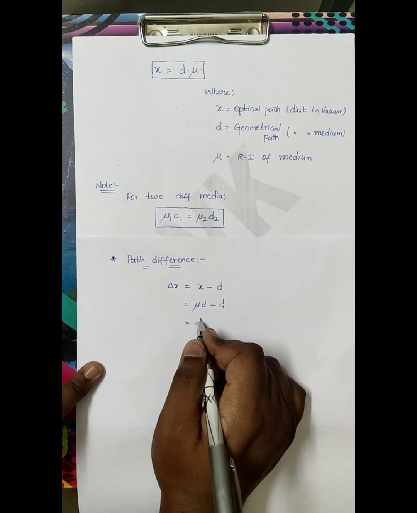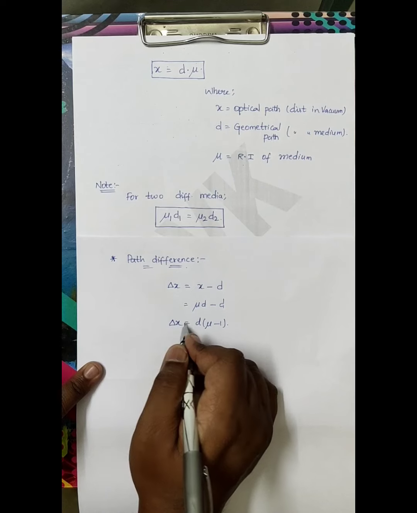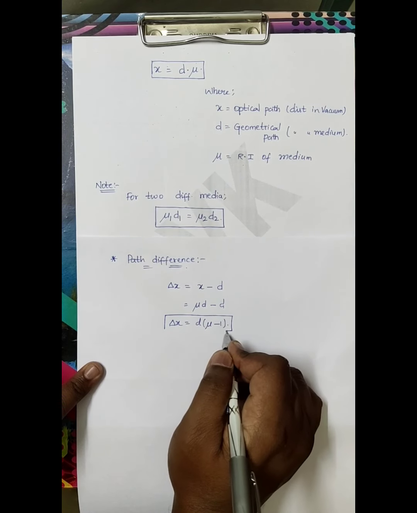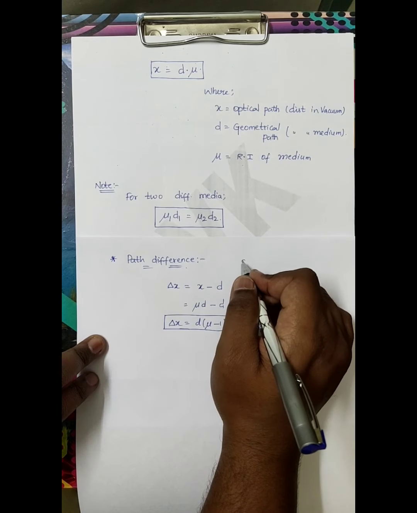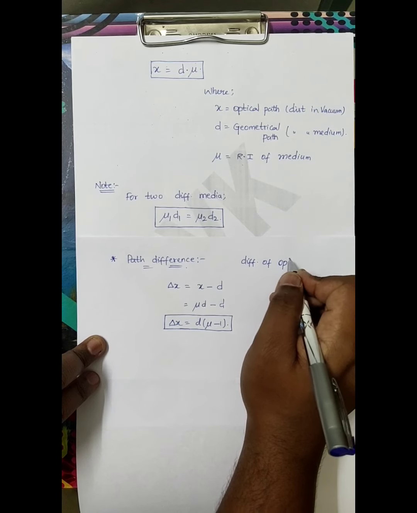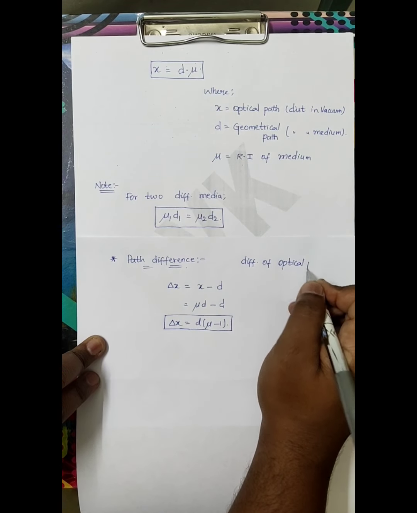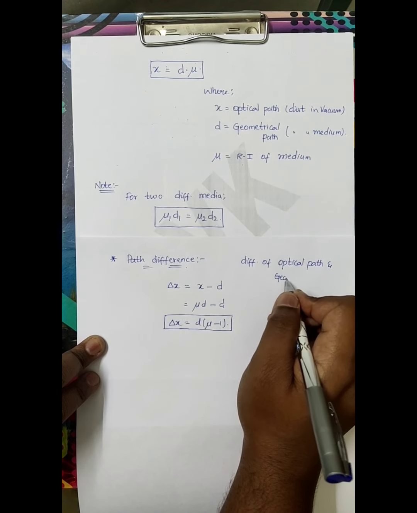So overall it will be d into (mu minus 1). This is nothing but the path difference. So path difference is the difference of optical path and geometrical path.